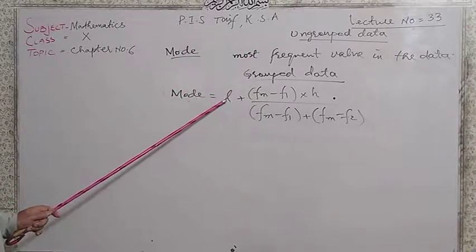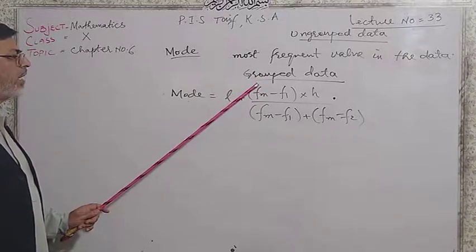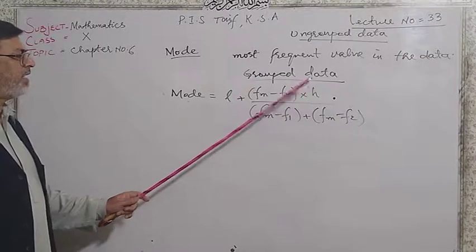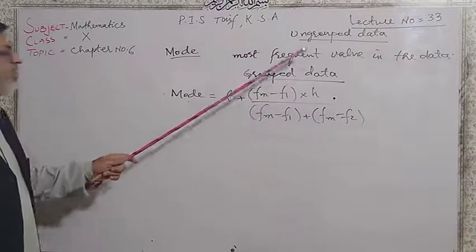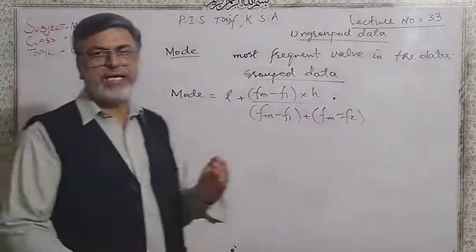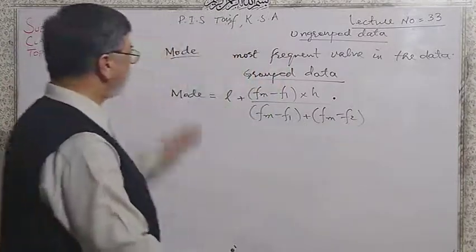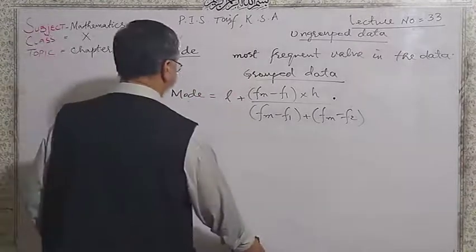L means lower class boundary, Fm means frequency of modal group, h is the size of class interval, F1 is the frequency of the group previous to the modal group, and F2 is the frequency of the group next to the modal group. So in this way we can apply this formula to find the mode.